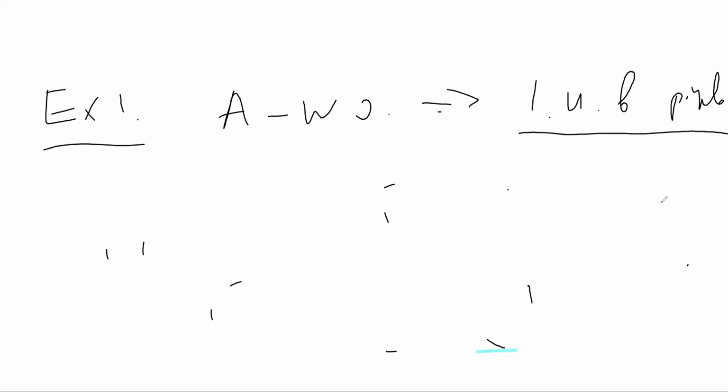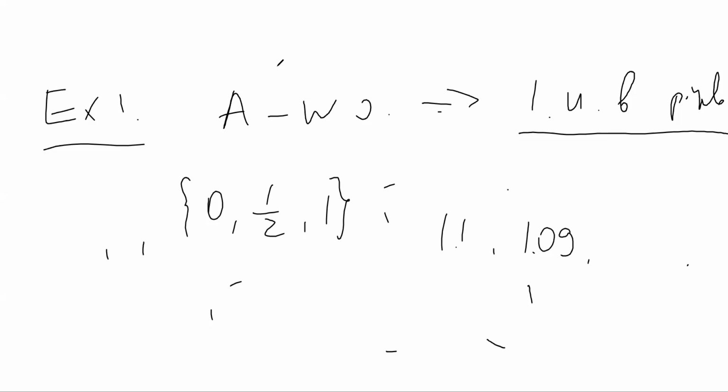Because you, for example, can have a set which is like 0, 1/2, whatever, up to 1. And then you know that a lot of numbers are bigger than all of that, like say 1.1, 1.09, 1.009, but you can never get to the smallest one, right? That's just right above 1. And so that's why it doesn't have an LUB property.